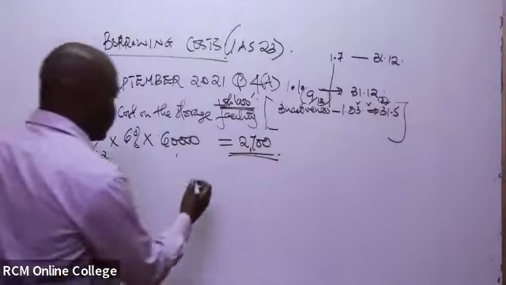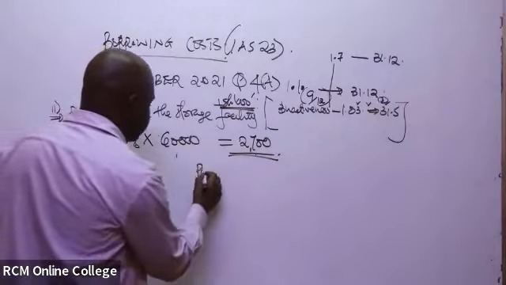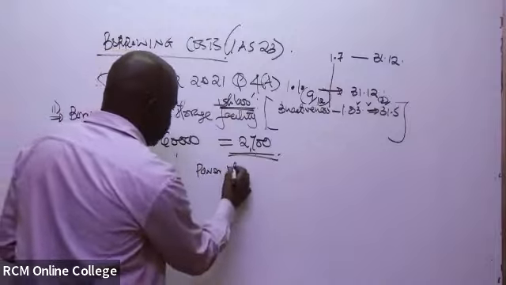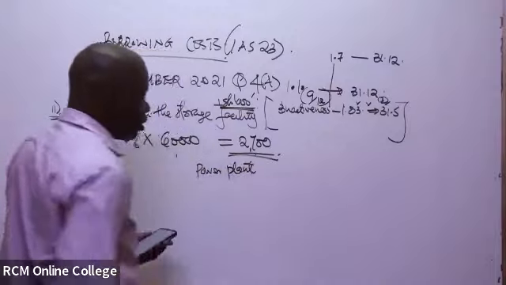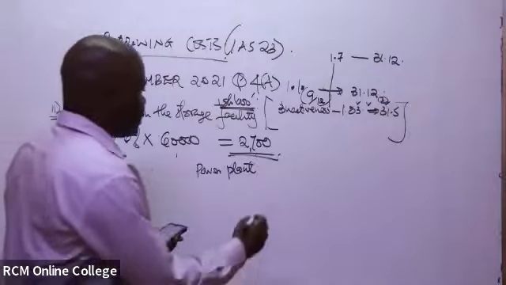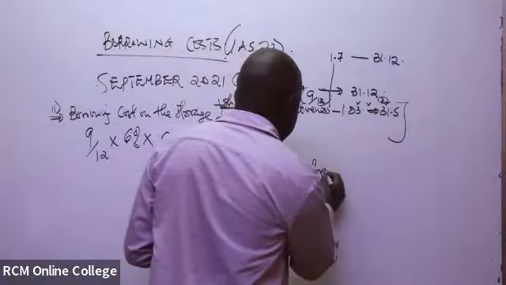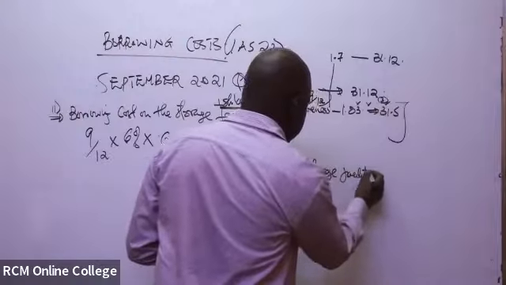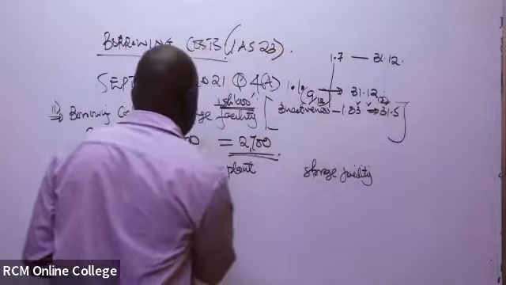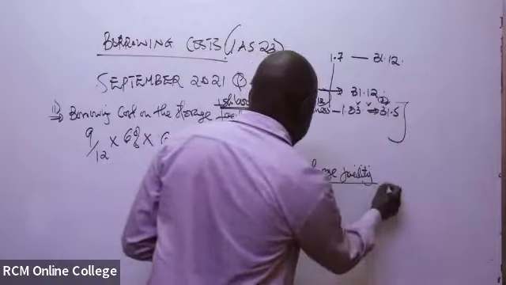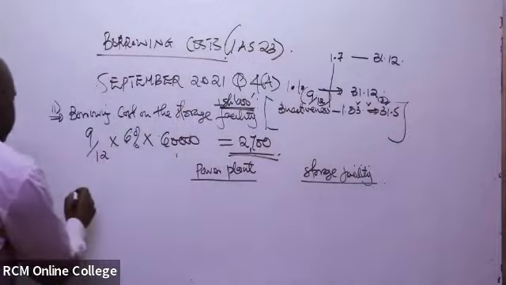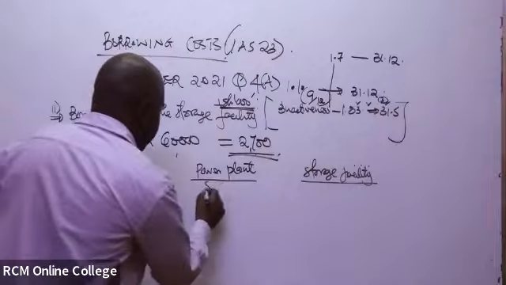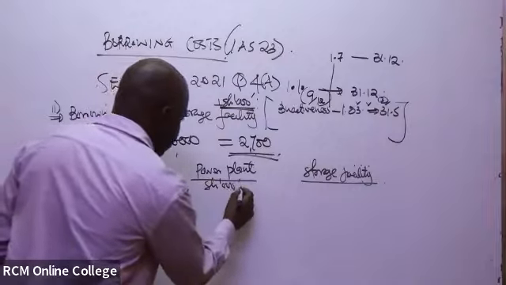So there were two assets here. We have the power plant, and of course the storage facility. The amount invested, our figures will likely be in thousands.